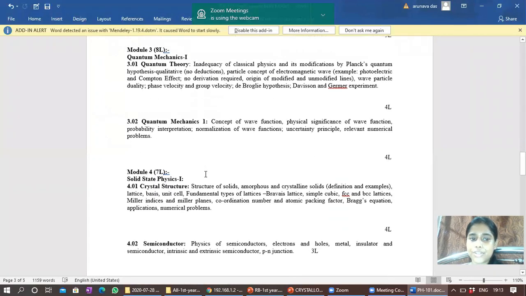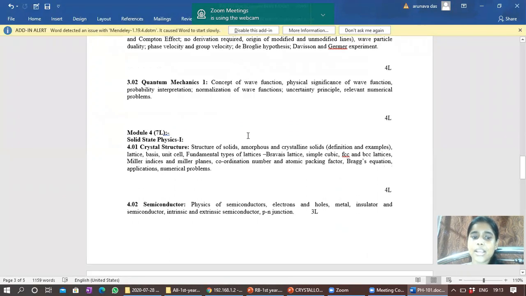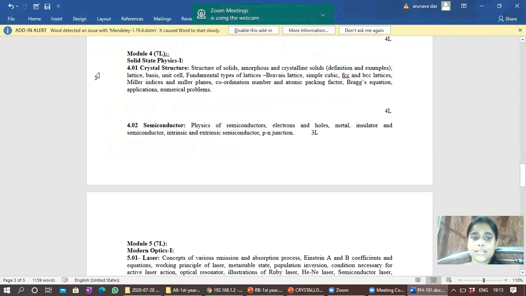In module 3, there is quantum mechanics 1, where we'll discuss quantum theory and quantum mechanics. In module 4, there is solid state physics 1, where we'll discuss crystal structure and semiconductors.